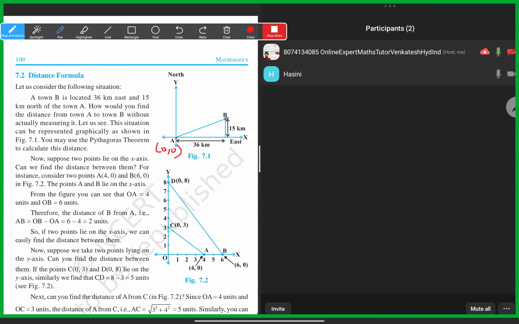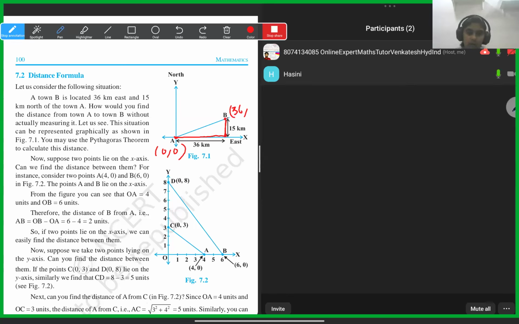And town B, if you see the horizontal value, it is 36 units horizontally, so x is 36, and 15 units vertically, so y is 15. Town A is (0, 0). Town B is 36 units horizontally and 15 units vertically. The horizontal distance is the x value.